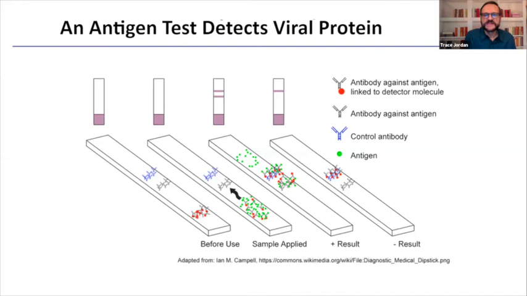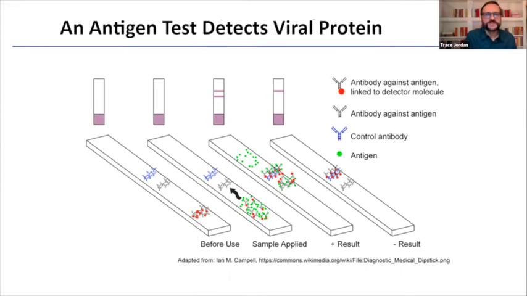What happens is that the antigen, which is the viral protein shown in green, and before you apply the antigen to this strip, you layer down a series of antibodies, which are designed to be complementary and bind the antigen. So the test essentially uses a strip where selected antibodies bind the antigen, and that is the positive test.